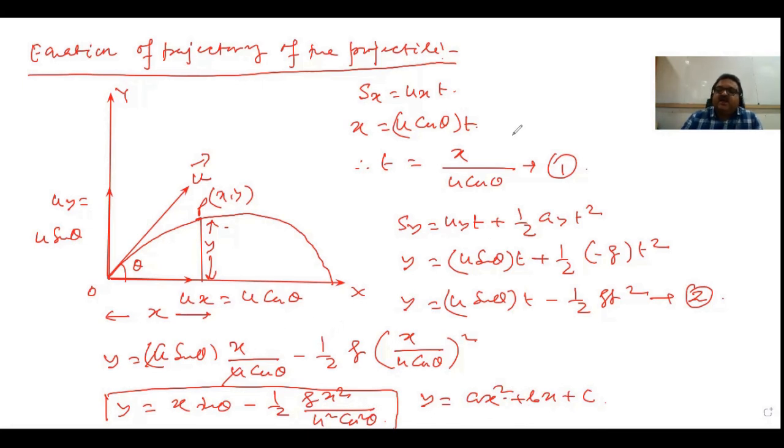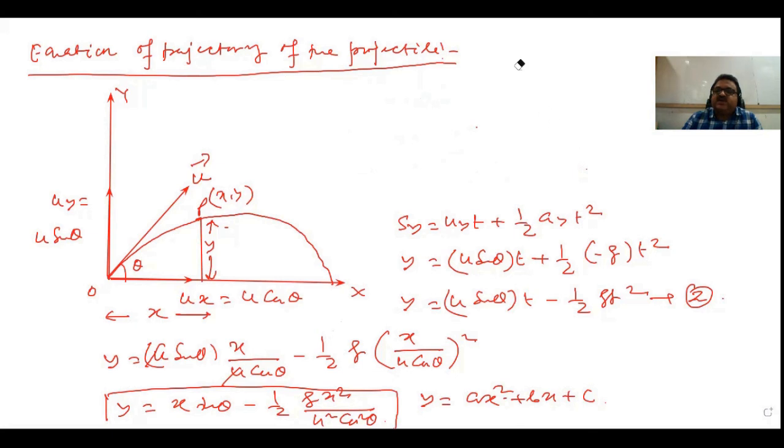Correct? Now I can modify the relation. I can represent this equation of trajectory even in terms of range also. So what is that? Take x common from this equation. Or let me take x tan theta common: 1 minus half g x by u square cos square theta.